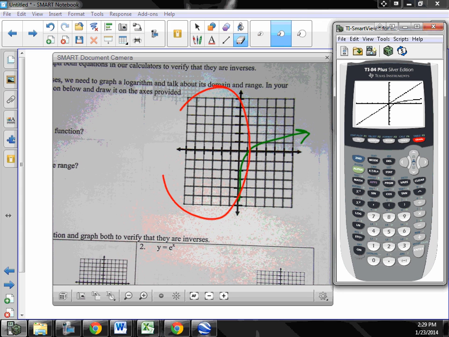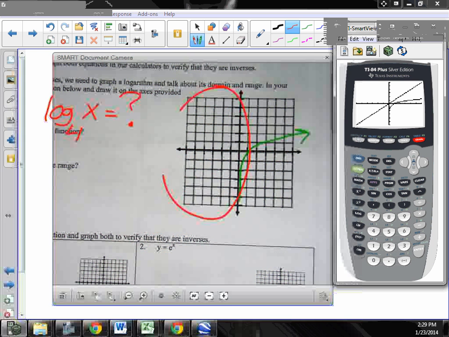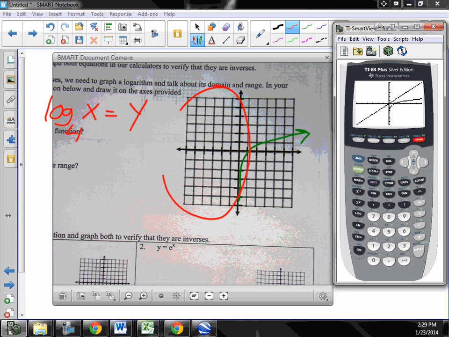So log base 4 of x equals a whole bunch of unknown y values. Well, actually, I want to use y. That might make more sense. So log base 4 of x equals y. Let's convert this to exponent form because it makes a little bit more sense like that.